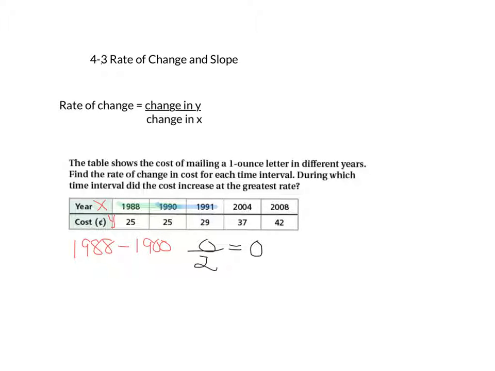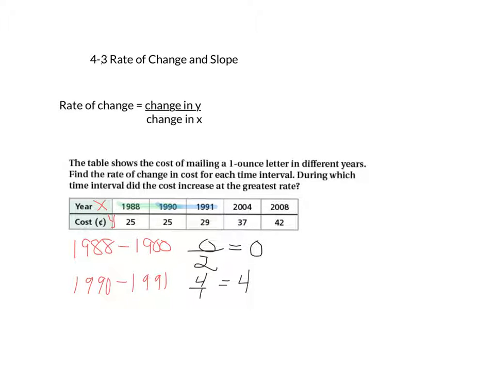So from 1990 to 1991, we're looking at our change in y first. So the change in y from 25 to 29, let me point to it. So change in y, 25 to 29 is 4, and my change in x is 1. So that's 4 over 1, which is 4.